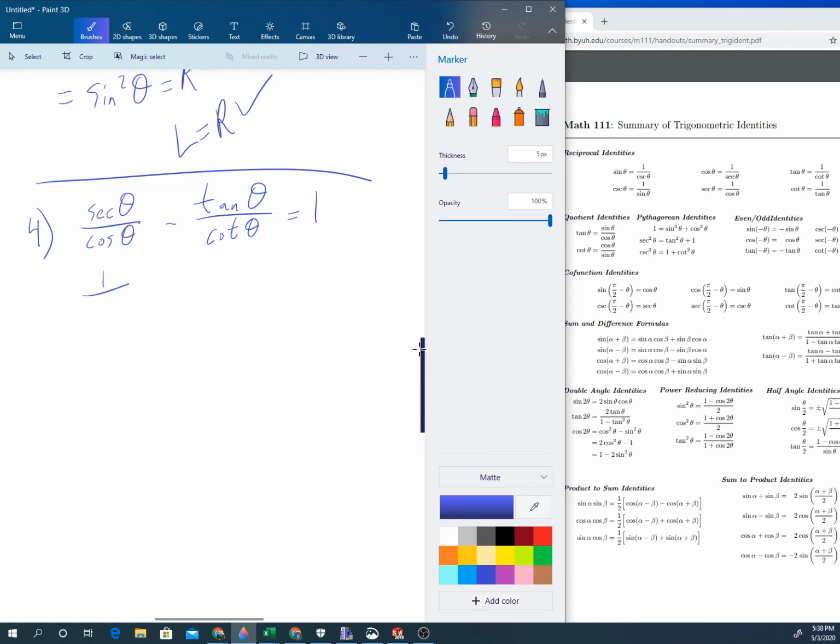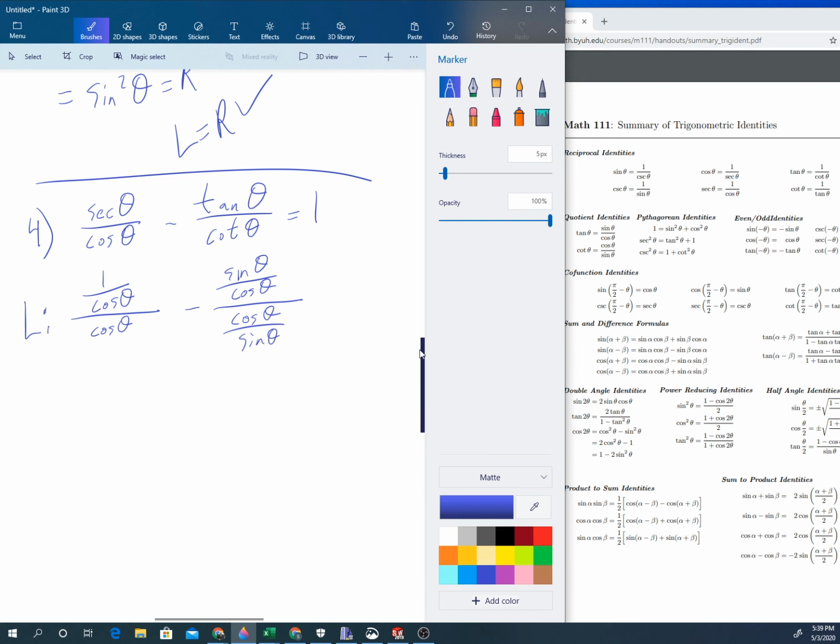So secant is 1 over cosine all over cosine minus tangent, and you can see it on the right side of the screen. Tangent is the same thing as sine over cosine. Cotangent is the same thing as cosine over sine.